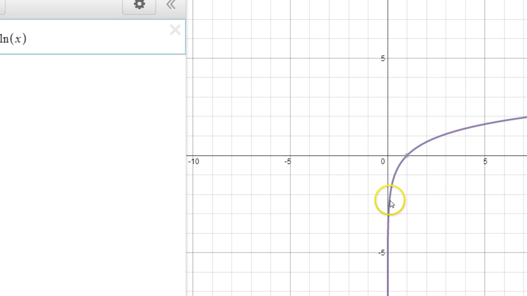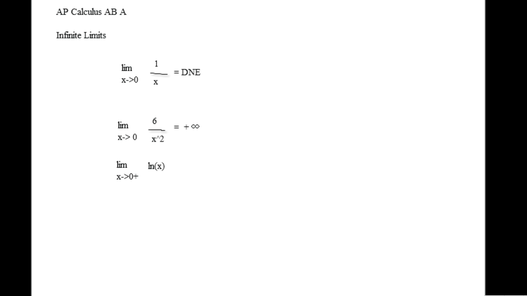There is no left-hand side, so the limit from the right is negative infinity. I'm using my alt codes. If you haven't downloaded that document, you probably should. Alt 236. There you go. Everything's set up so you can type out and do some actual work here.